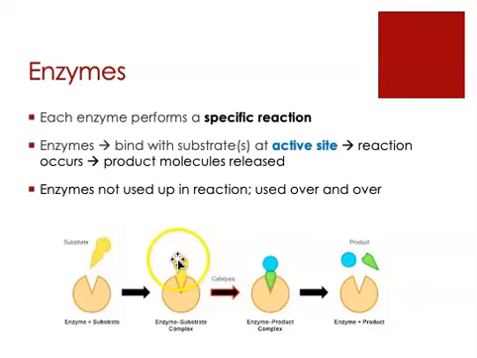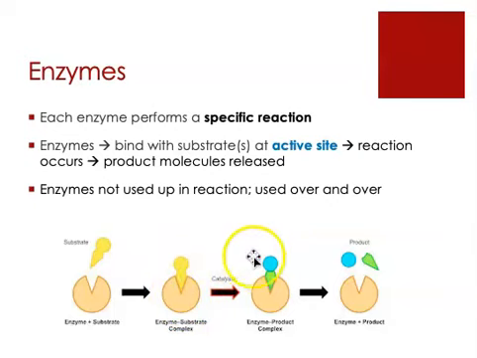Now, the substrate is going to interact with the enzyme at a particular location, and that's this pie-shaped wedge that you can see here. The substrate is going to fit perfectly into that active site. That's important because we need that perfect interaction to occur.